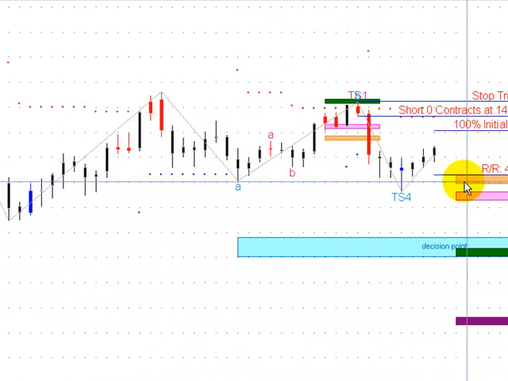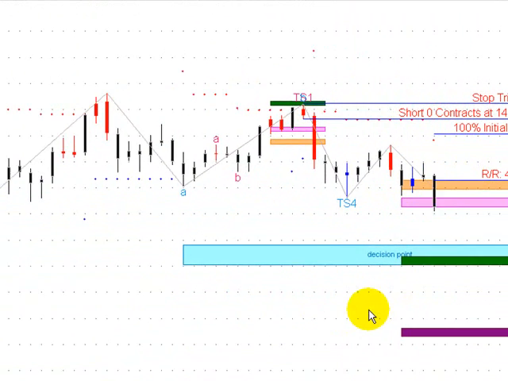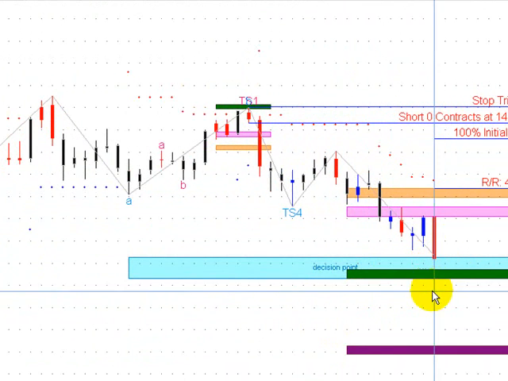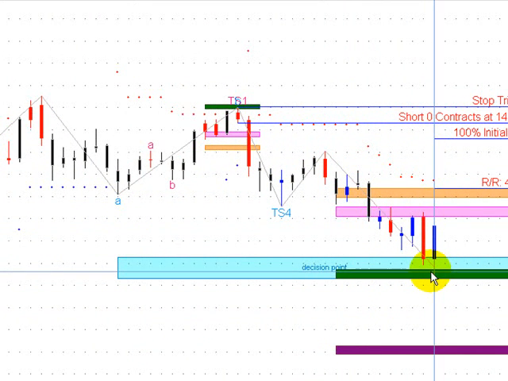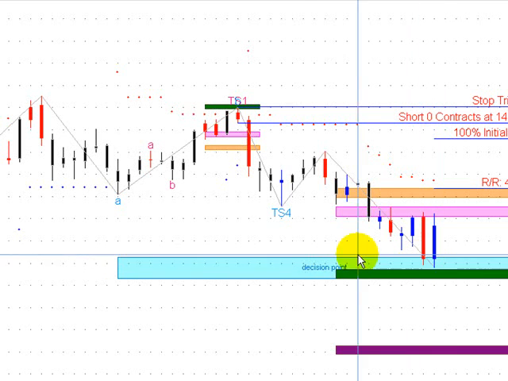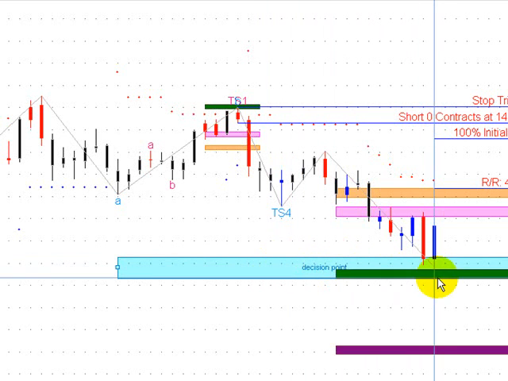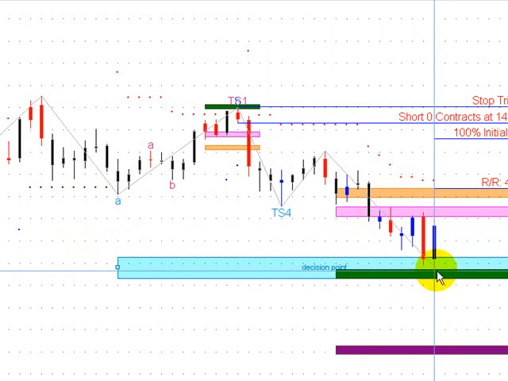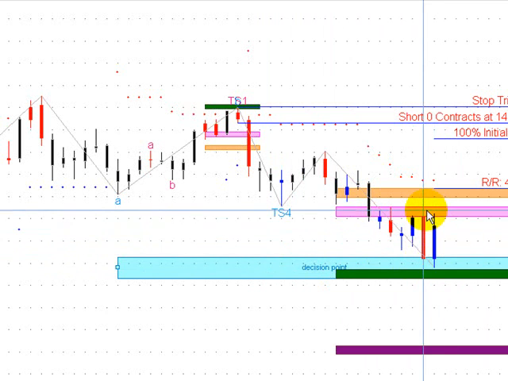This originally was a 4-to-1, but if you did play for the wave 3 down, you basically hit that on Friday and into our decision point support area. So it's no surprise that the market got a nice hard bounce on Friday, also coinciding again with the unrest in Egypt and some other things going on.